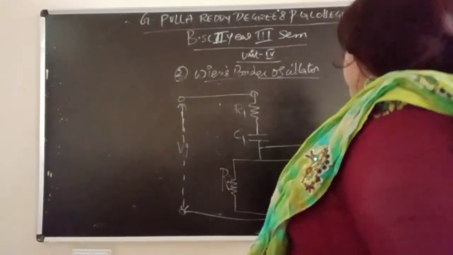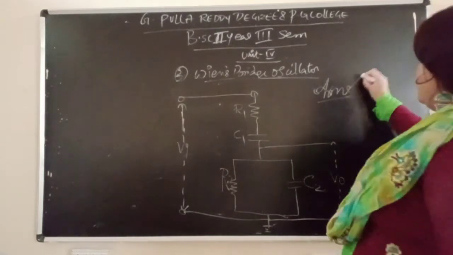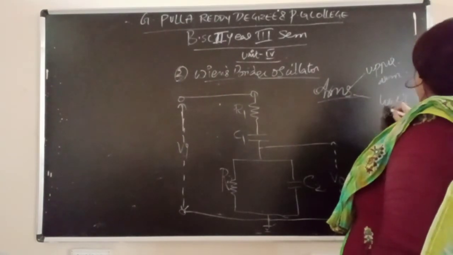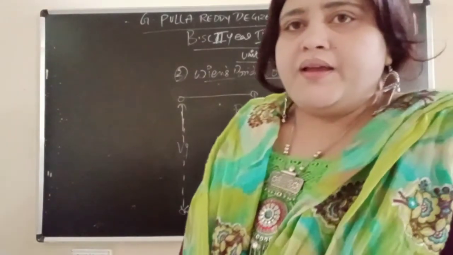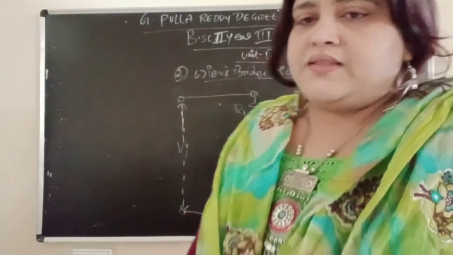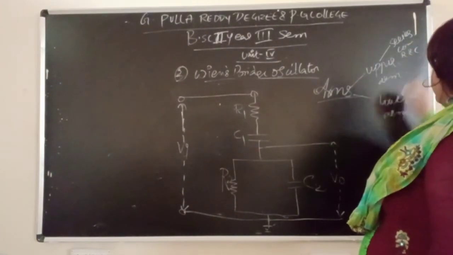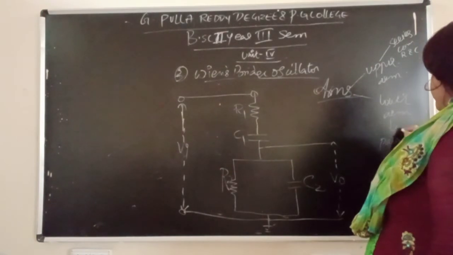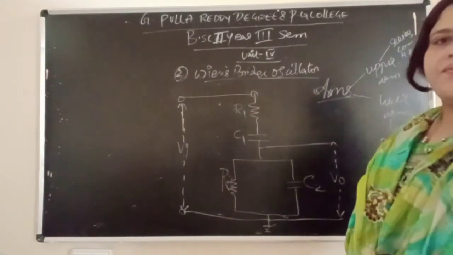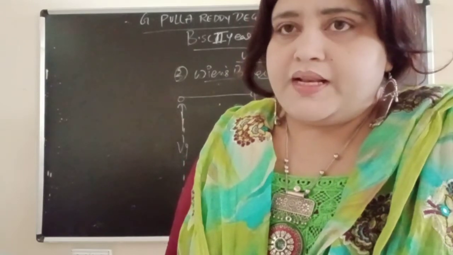It has two arms, one upper and one lower. The upper arm consists of a series combination of R and C, and the lower arm consists of a parallel combination of R and C.